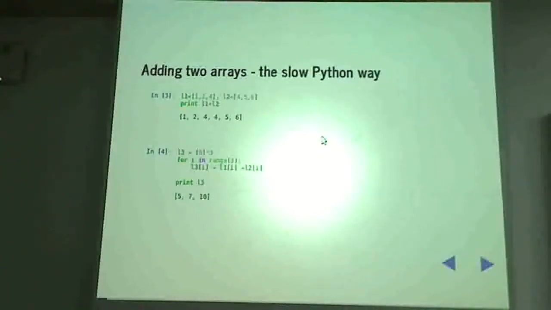This is syntactically very similar to what you would do with a do loop in Fortran or a for loop in C. You would increment the variable and then, element by element, you would do an element-by-element addition. If you do it this way in Python, it's extremely slow.